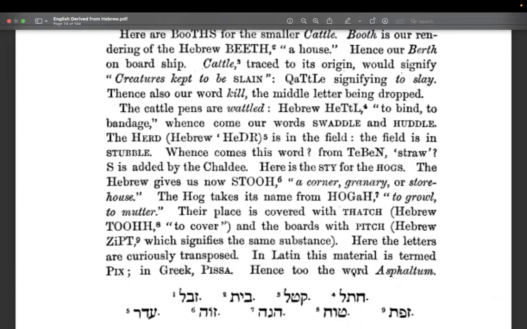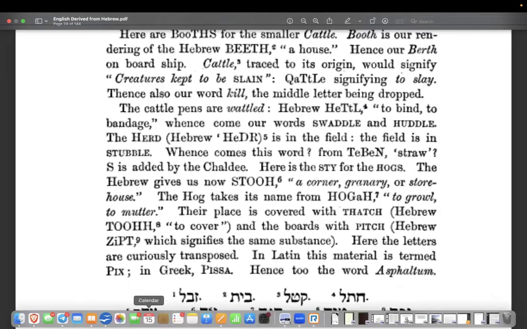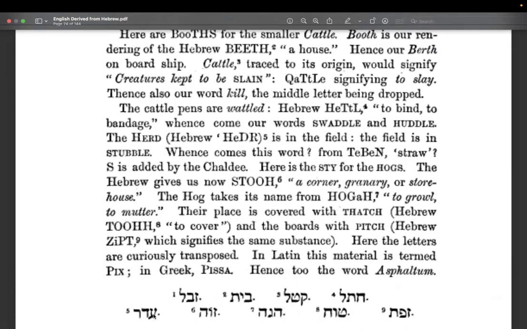That's number 5. The Hebrew herd, that hey there, or the H, would be the aspiration added to it. But this would be the ayin dalit resh.